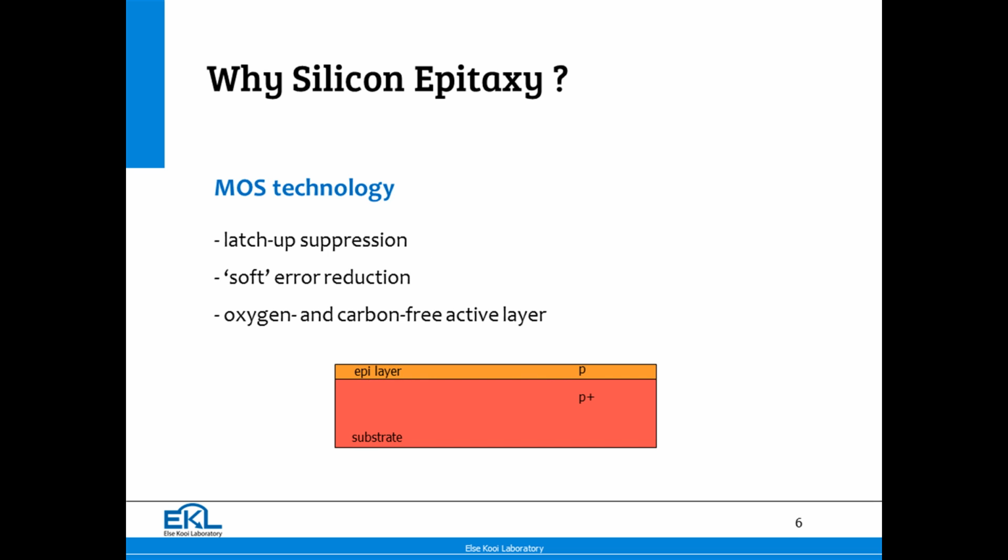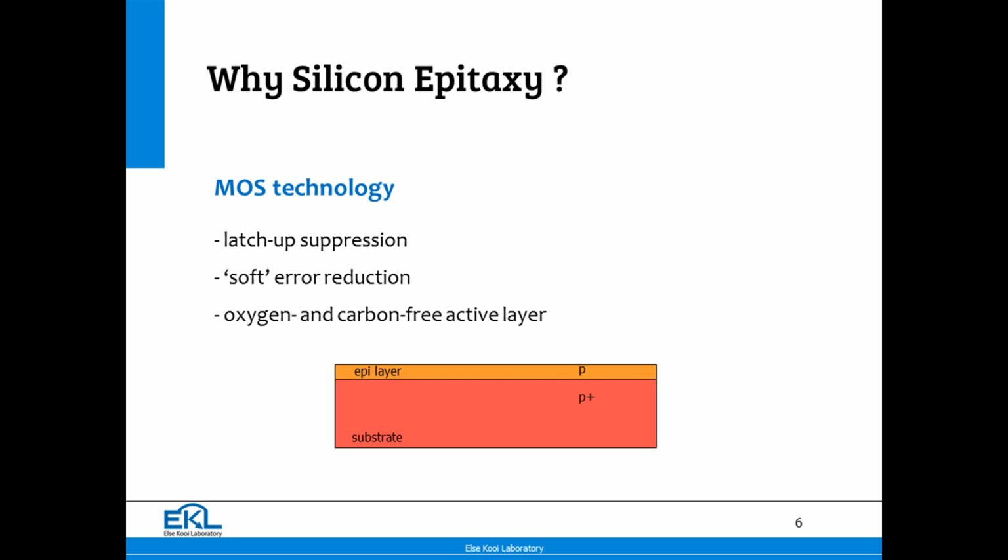Much later, MOS technology came along. I'm talking about the early 80s of the last century. The MOS processes always could do without epi until the circuits got more and more complicated, and then suddenly it was decided that even the MOS devices would benefit from an epi layer.